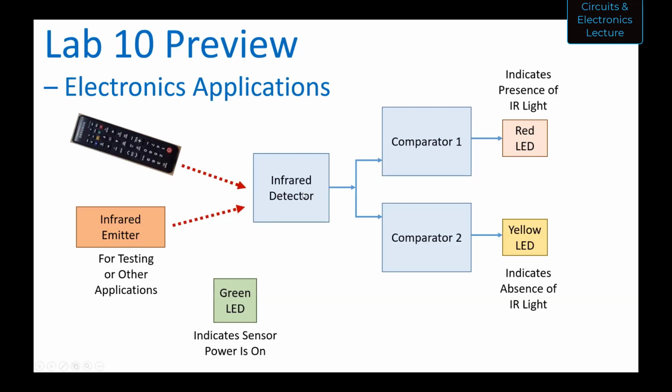You might not be above the detection threshold set by the comparator, or the circuit might be disconnected, broken, something like that. In which case, you'd want to see the LED light up. The yellow LED should be lit up when there's no infrared, just as a sanity check, and then the red LED will light up when infrared light is present. Okay. All right. Thank you.